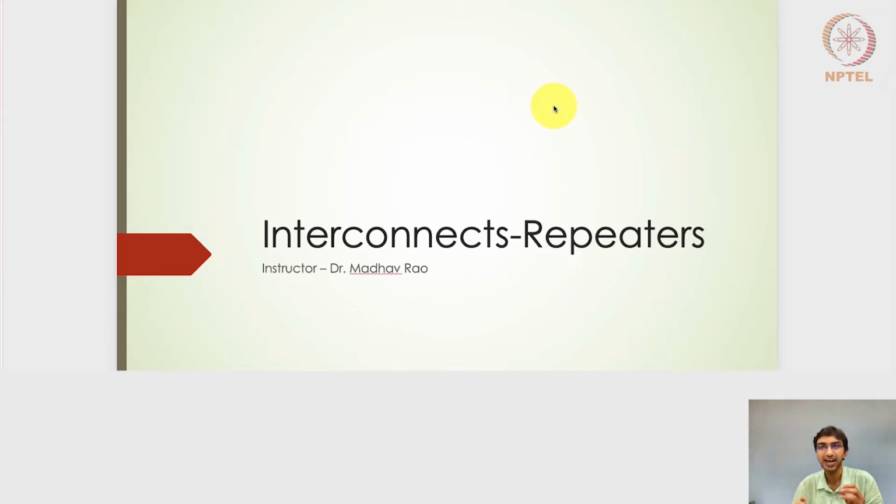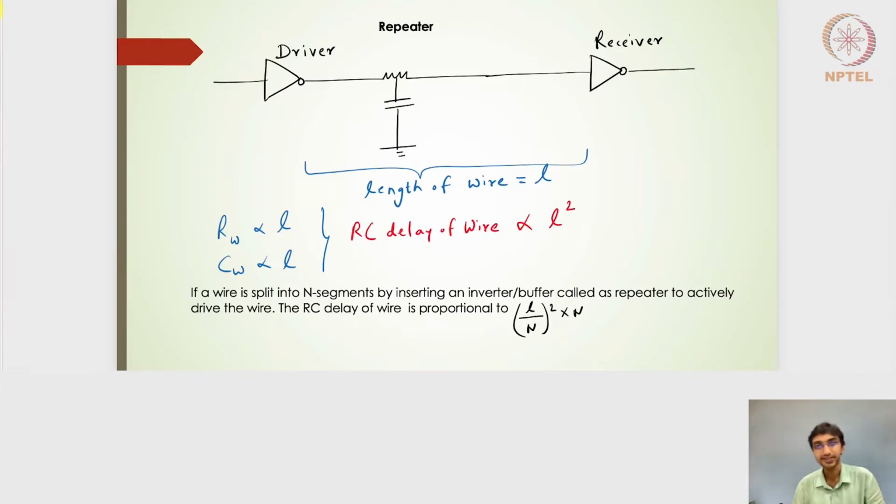And so we add some inverters so that the signal strength improves, and we have a relatively stronger signal while it is reaching the other end of the wire. So that is just a brief introduction. So let's start looking into more details.